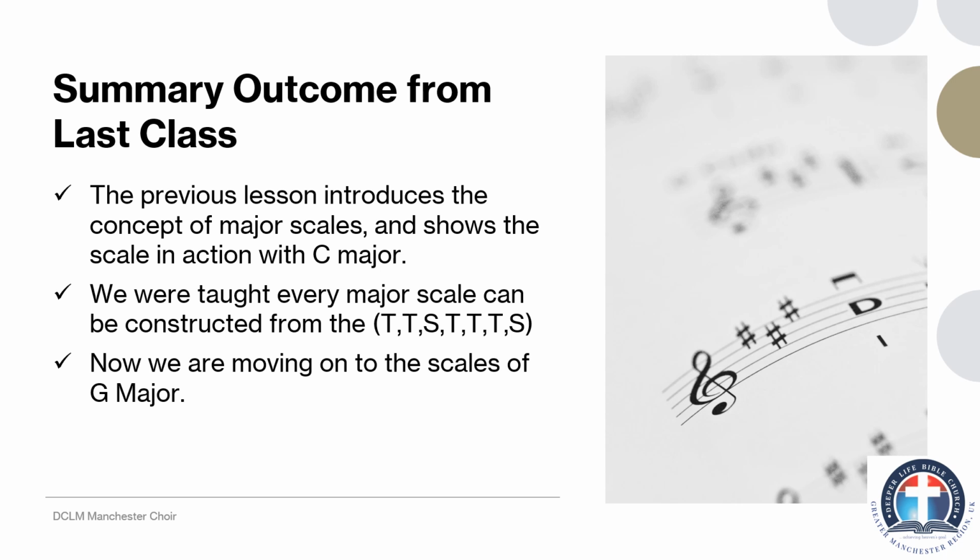We were taught every major scale can be constructed from the tone, tone, semitone, tone, tone, tone, semitone. Now, in this very class, we'll be considering the G major scale.